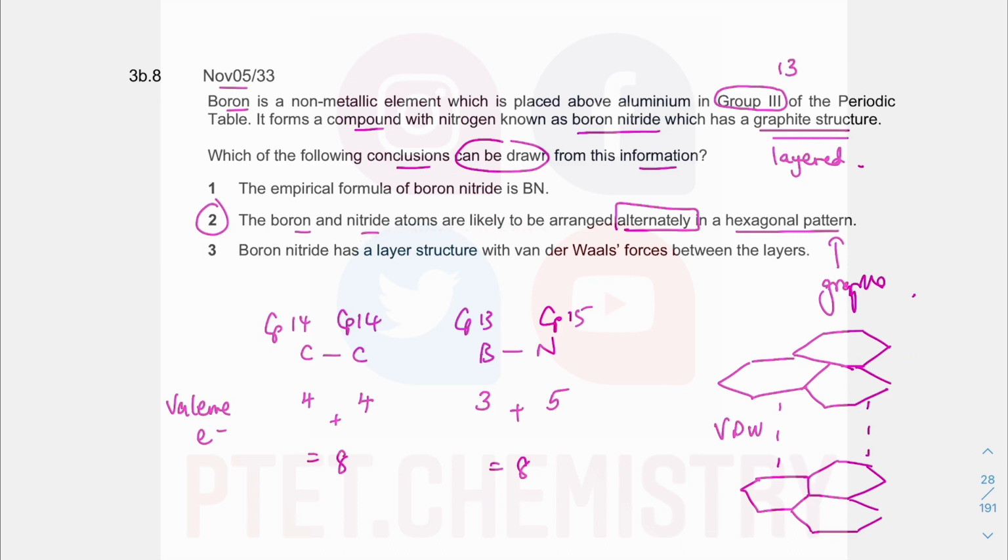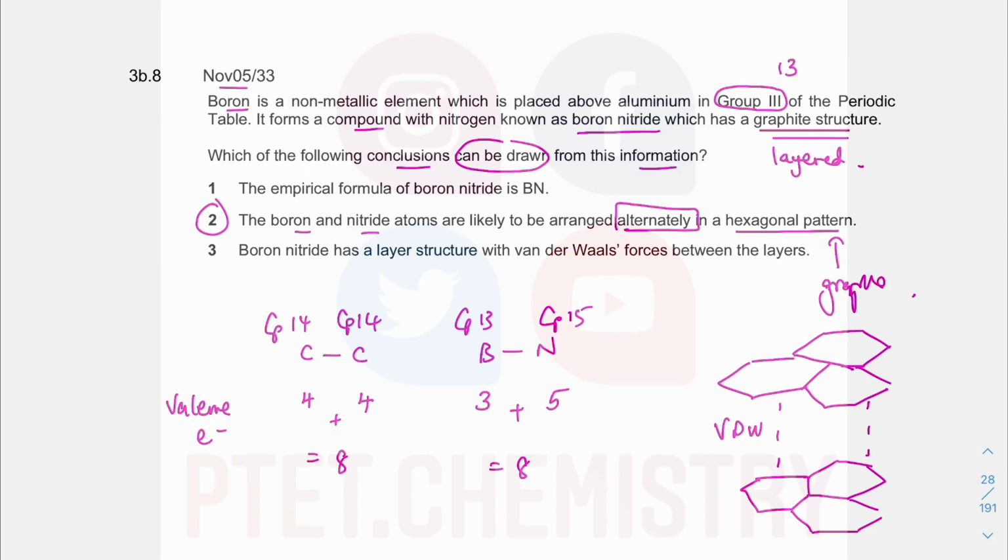Alright, the empirical formula of boron nitride will be BN, because as I've shown here, you've got to have one of these and one of these to match up the isoelectronic nature of a carbon-carbon bond in graphite. But when you have just graphite, which is just carbon atoms, carbon and carbon will be C2, but that's not the simplest number.